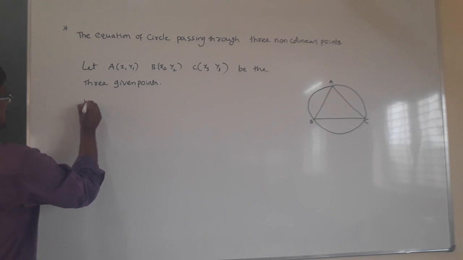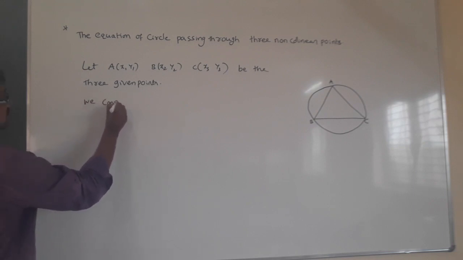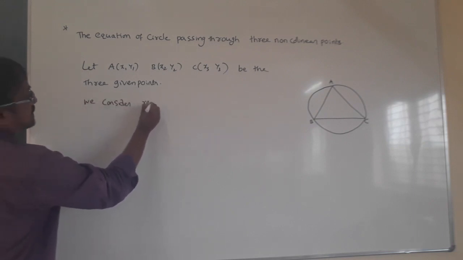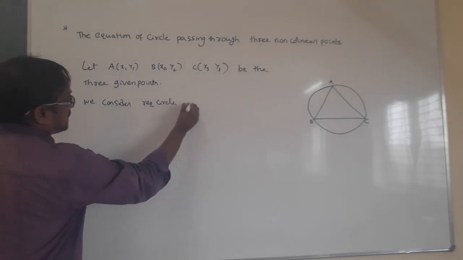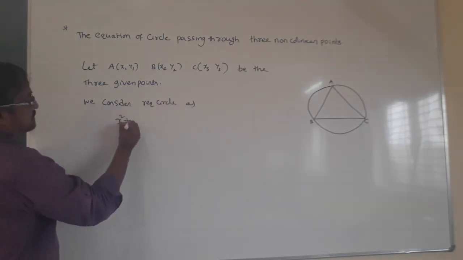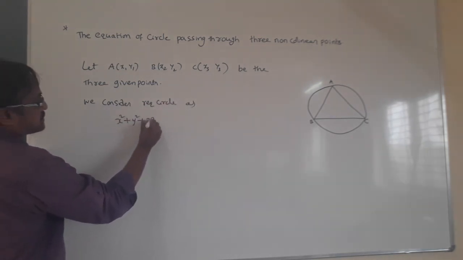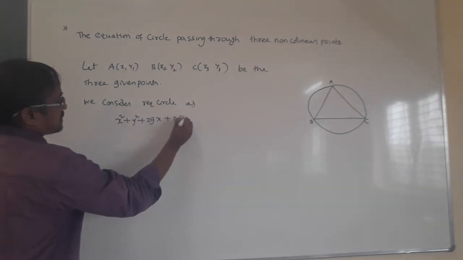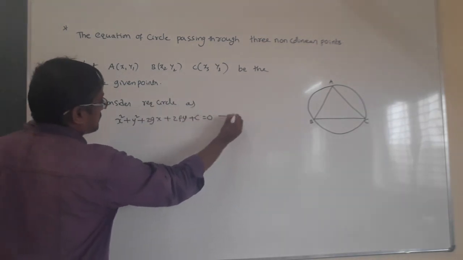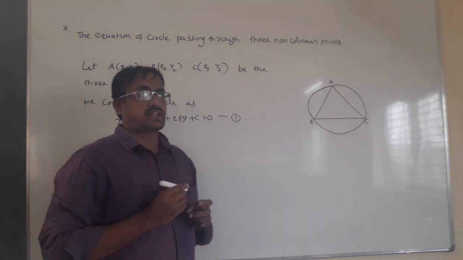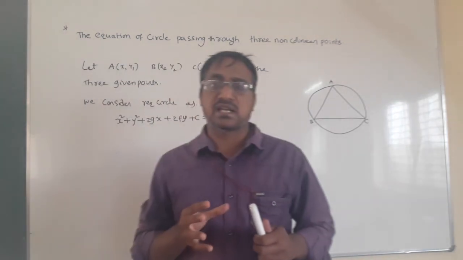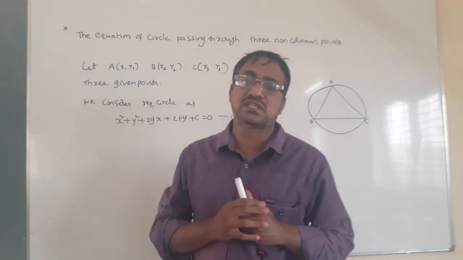Now we consider the required circle as x square plus y square plus 2gx plus 2fy plus c equal to 0. So we consider our required circle as the general form of the circle.